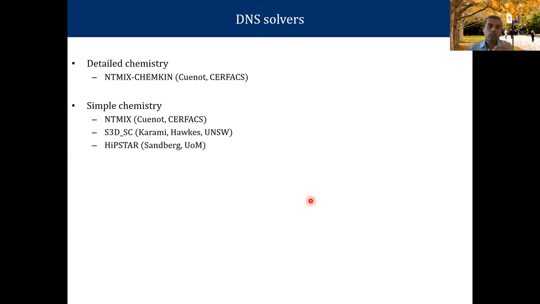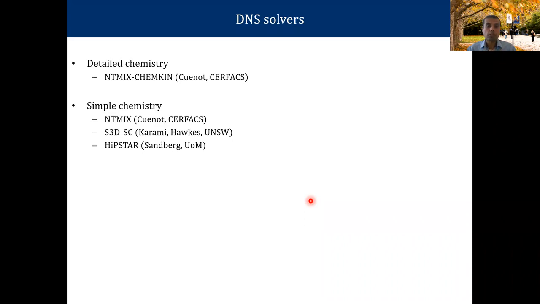The second group of solvers uses simple chemistry, where we have reactant and product only, so it's a lot cheaper than detailed chemistry simulations. We have used several codes here. We started with Antimix, which is again a solver from CEFRC. The second one that we used was called S3D-SC, which is a modified version of the Sandia S3D code.